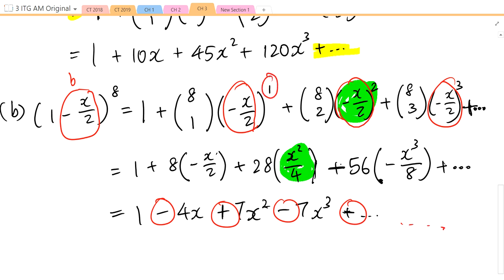Because of this power. Odd, even, odd, even, odd. Okay? This one, I think 1 or 2 marks only. But straightforward, right? Just plug in only. But you need to memorize this. Okay? Next.